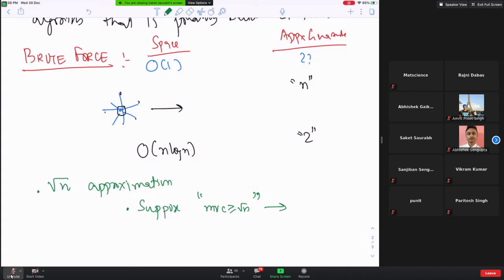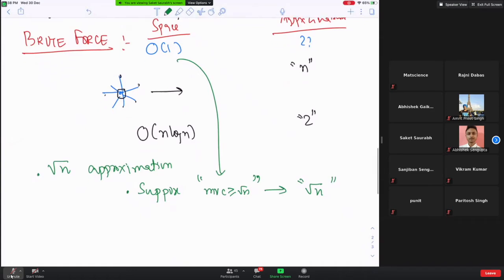Okay, but let me come back to this, and let me ask you the following. If the minimum vertex cover is at least root n, then the trivial approximation would also be a root n approximation, right? Great. So this is great for us, no? If I can guarantee that the minimum vertex cover is at least root n, okay, space we'll worry about later, then are we guaranteed that the trivial approximation is a square root n approximation?